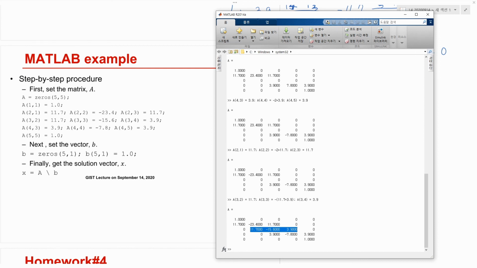Then why don't we calculate just the phi function? So phi, written x here, is now given by this simple operation. Now we will get the x which satisfies A times x equal to b.